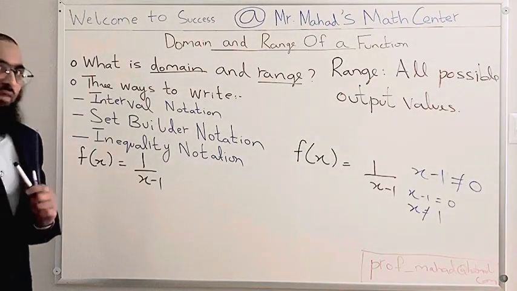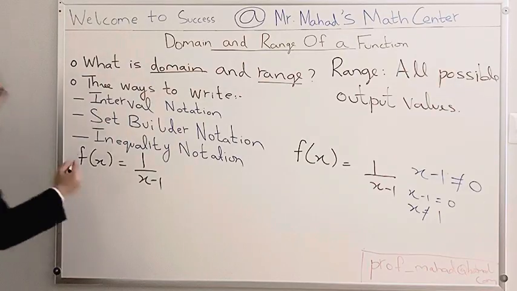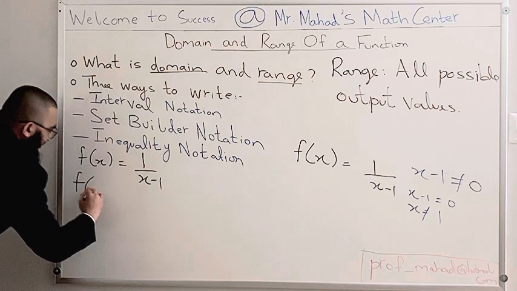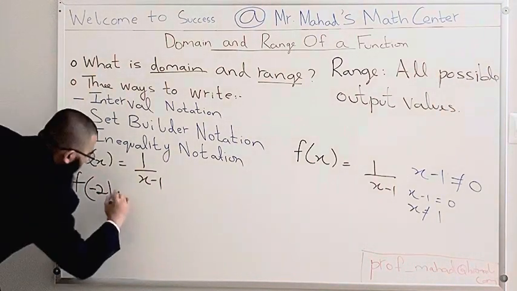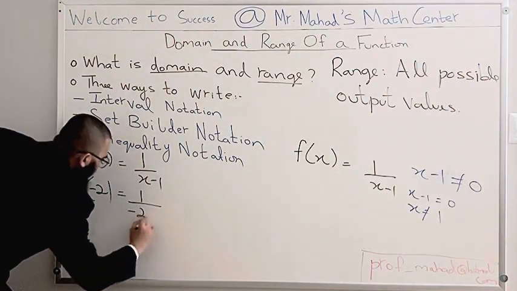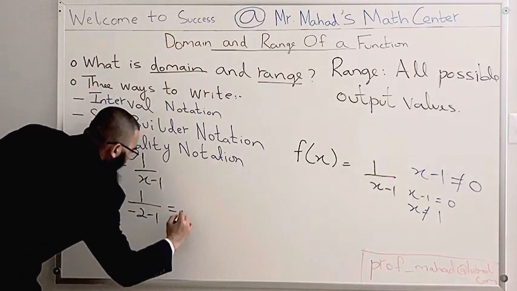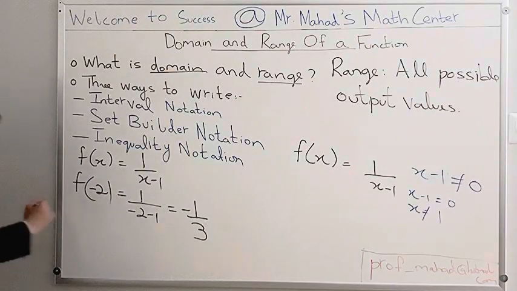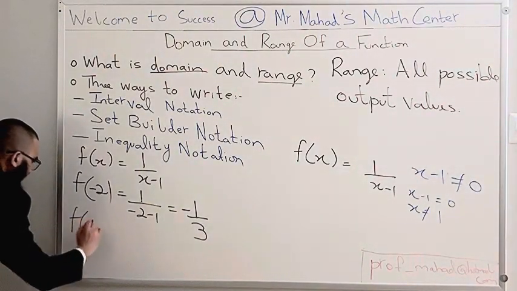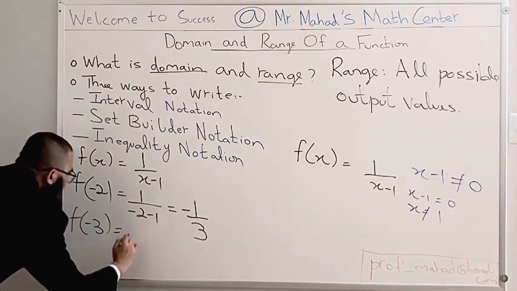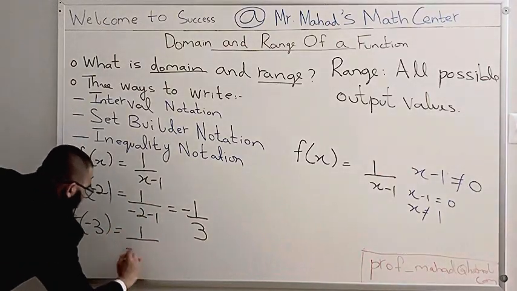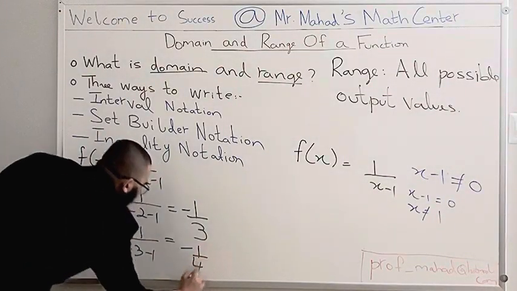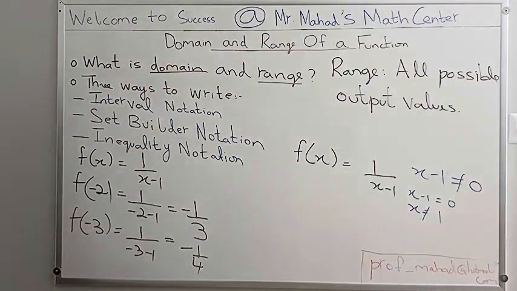Now let me take a random value of x, for example f of minus 2. So I have 1 over minus 2 minus 1, which will give me minus 1 over 3. Now let me take another one, f of minus 3. I would have 1 over minus 3 minus 1, which will give me minus 1 by 4, right?